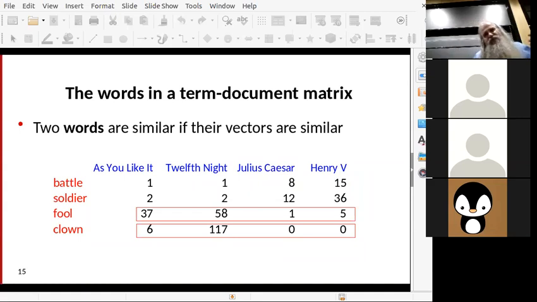Now, that might not be true, that they're similar words. It might just be that they're more likely to appear in such documents. But it tells you something about the relatedness of these words. And definitely it seems like fool and clown are more similar to each other than fool is to soldier, while soldier and battle are more similar or related to each other.